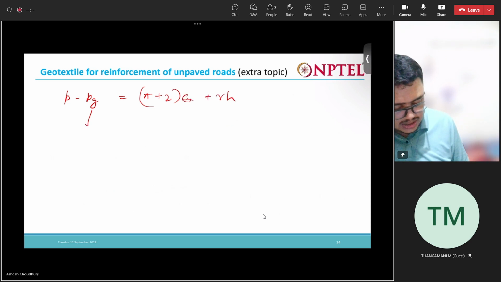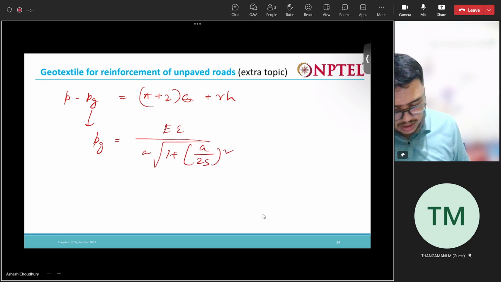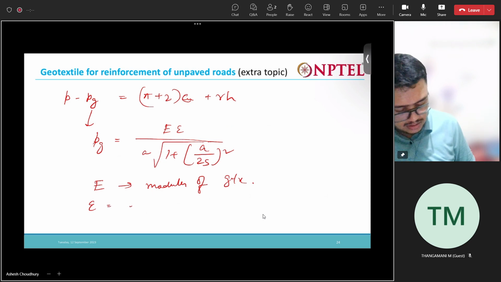Now what is Pg? Pg is E plus A by 2s square. Let us define the terms here. E is the modulus of geotextile. What is E? Elongation.